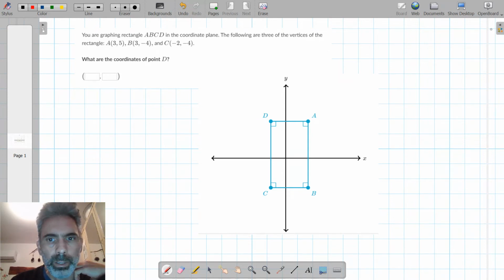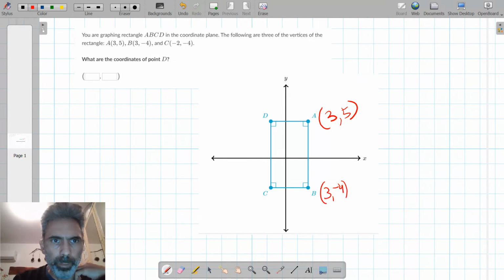Point A is 3 and 5. Point B is 3 and -4.